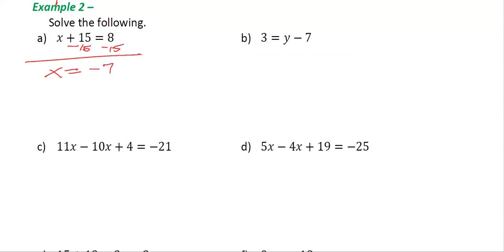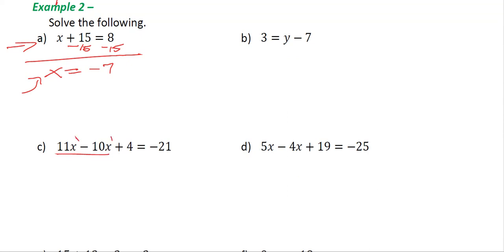Let's do C. Before I could distribute or move anything to one side, notice that on A we made sure the x term, the variable term, is by itself, isolated, has a +1 coefficient, then we can state what it is actually equal to. In this case, I have 11x minus 10x. They're both to the first power, so I can put these two together.